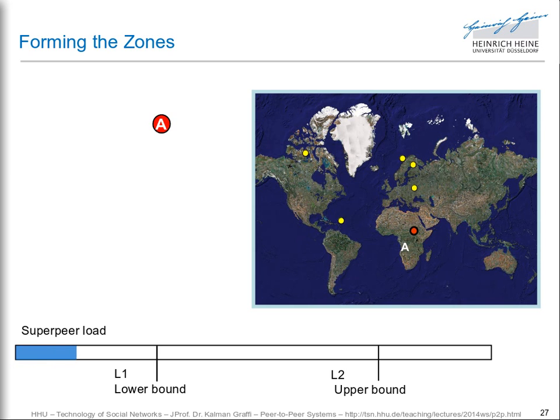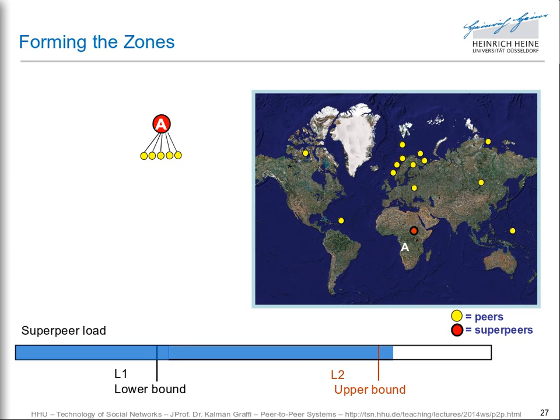So now a few other peers join, and the load is increasing because the load is defined to be the number of nodes a super peer maintains. So for example, we have here 5 nodes now. If a few other nodes join now, the super peer load also increases and may reach the upper bound.